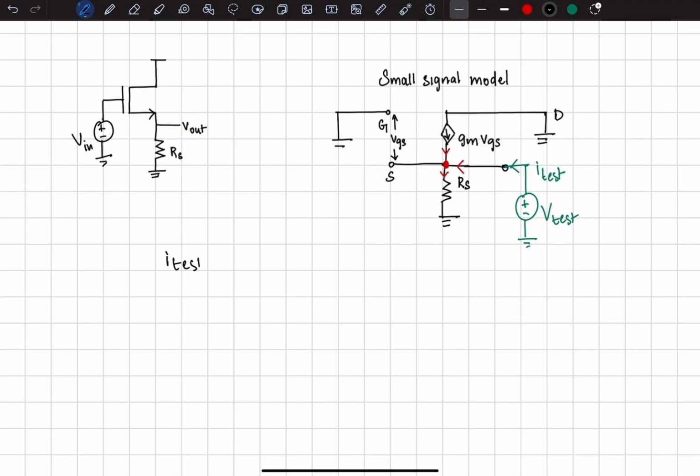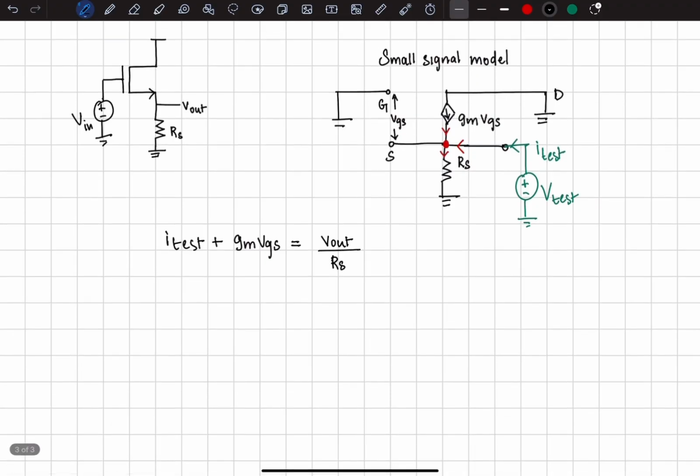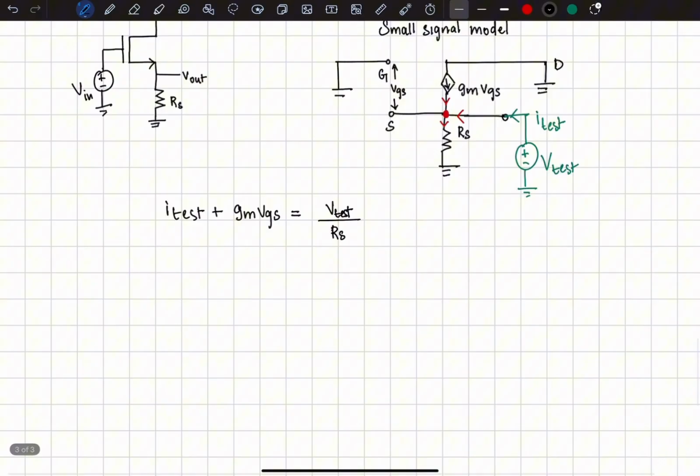I test plus gm VGS is equal to V out divided by RS. The current through this resistor would be, sorry, my bad, it is actually V test divided by RS. And we know VGS is VG minus VS. So let's try to rewrite VGS.